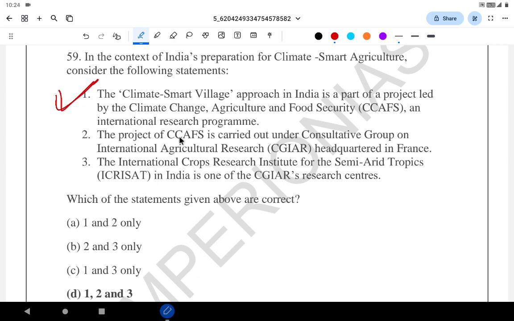The project is carried out under the Consultative Group on International Agricultural Research, headquartered in France. It is correct. International Crops Research Institute for the Semi-Arid Tropics in India is one of the CGIAR's research centers in India. This is also correct. All three are facts, and all three of them are correct.